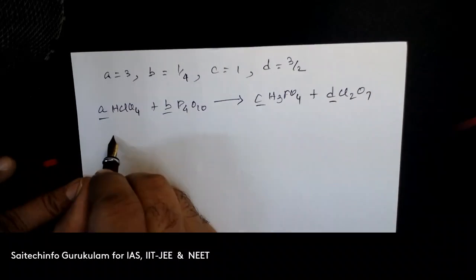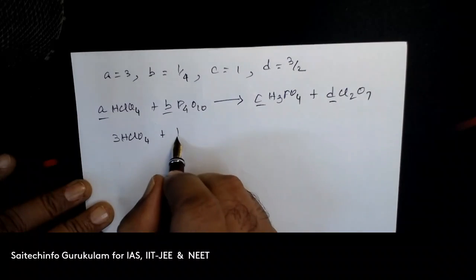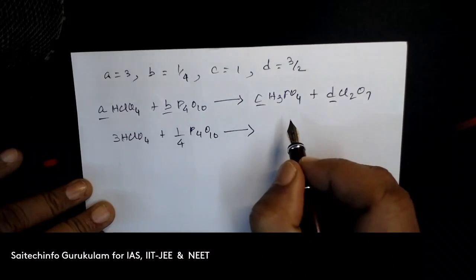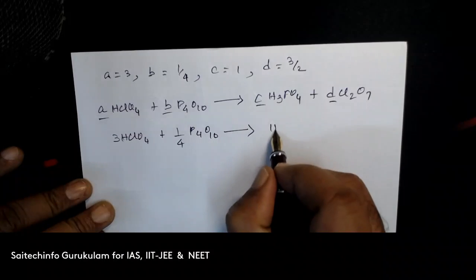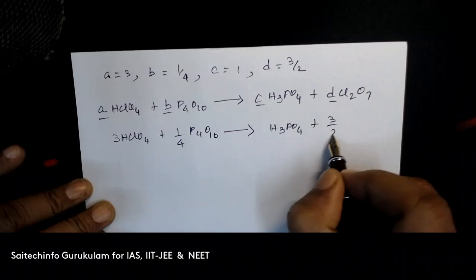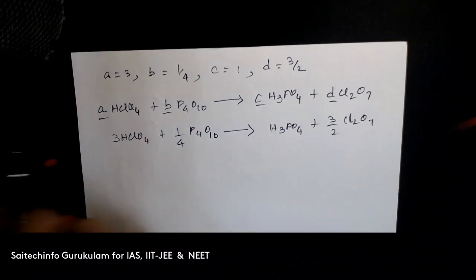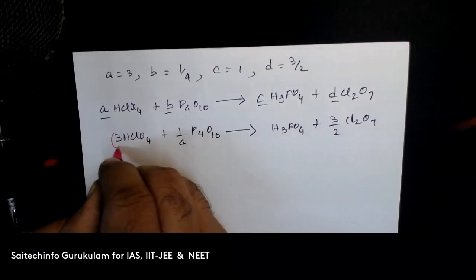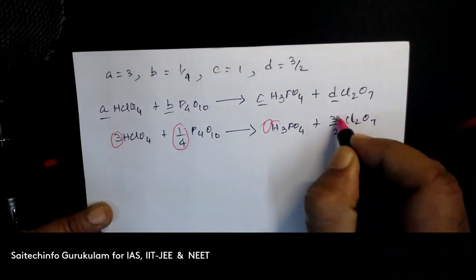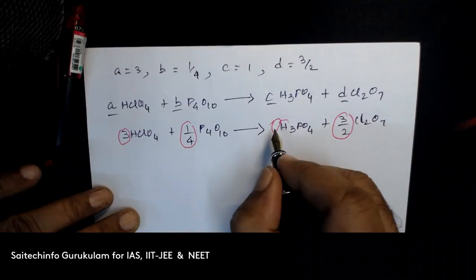Let us substitute: 3 HClO4 plus 1 by 4 P4O10 gives 1 mole of H3PO4 plus 3 by 2 moles of Cl2O7. These are all molar coefficients, and it is understood that this one is 1.